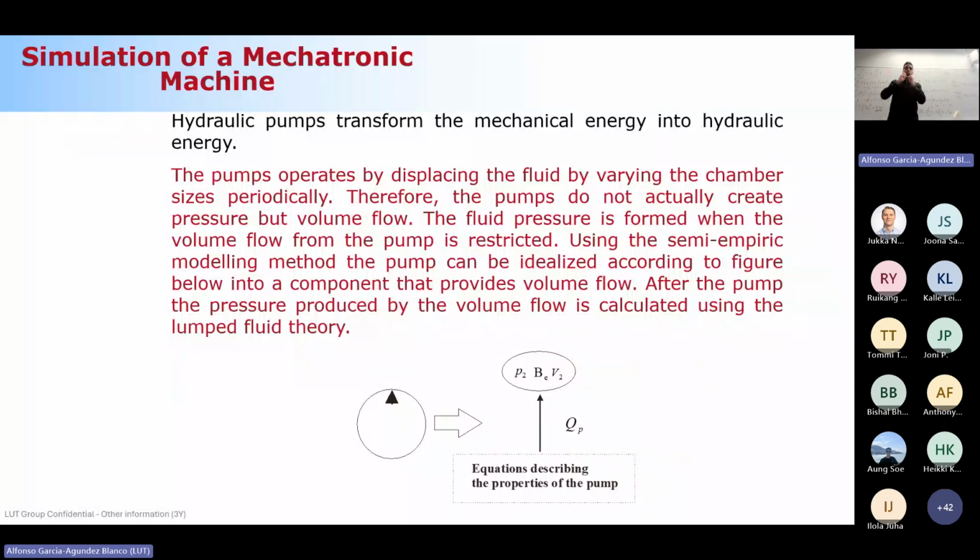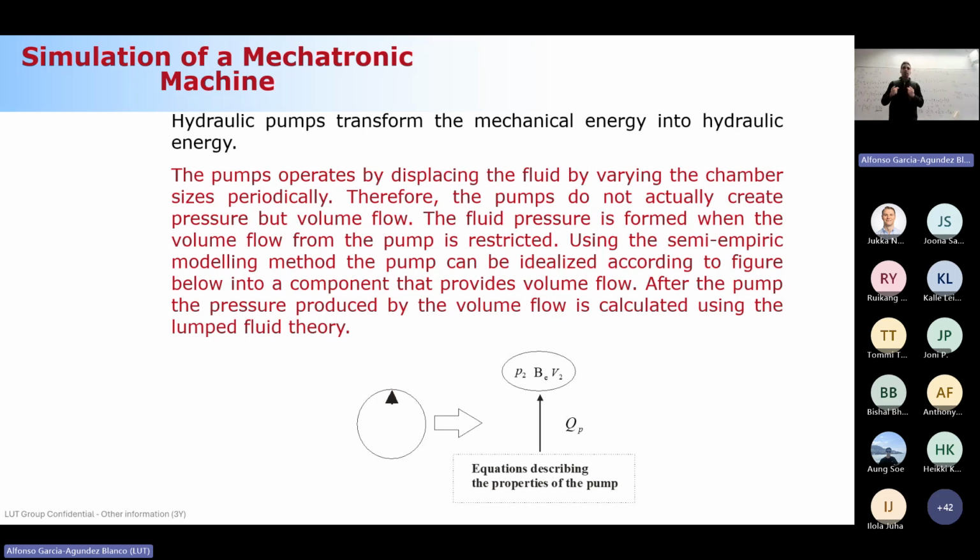So basically, we are going to consider that the pump is not actually creating pressure by magic, but what it is doing is providing volume flow, and this volume flow is restricted inside, and because of this constraining, you create the pressure, okay?